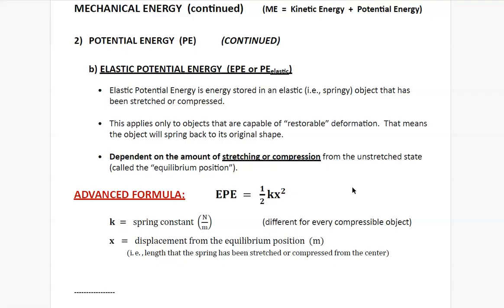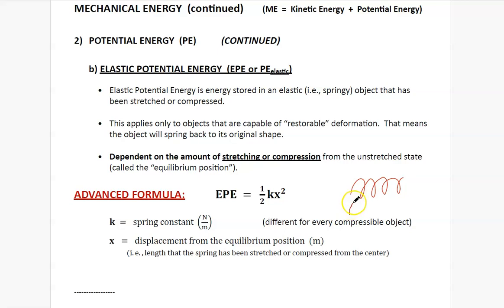So elastic potential energy is dependent on how much stretching or compression happens relative to the unstretched state. If you had a spring that was totally relaxed in the middle, and I'll just draw it, so if I imagine a spring that looks like this, there is no elastic potential energy in this spring.